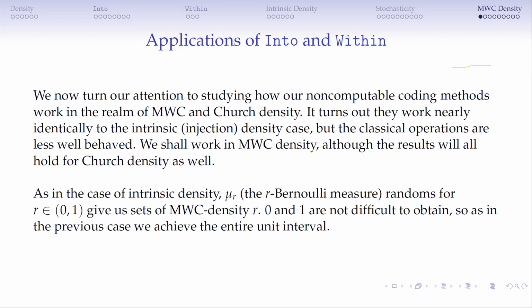And once again, just a probability theory argument says, well, they have to have Bernoulli R or mu R measure 1 for the MWC density R sets. So once again, we have the whole unit interval. So we want to study exactly how these sets interact with one another across different densities.